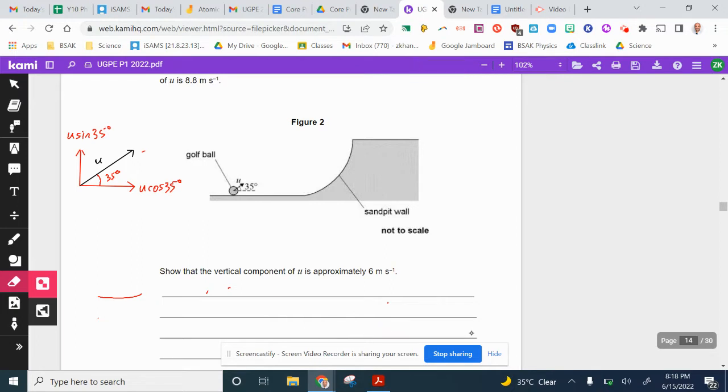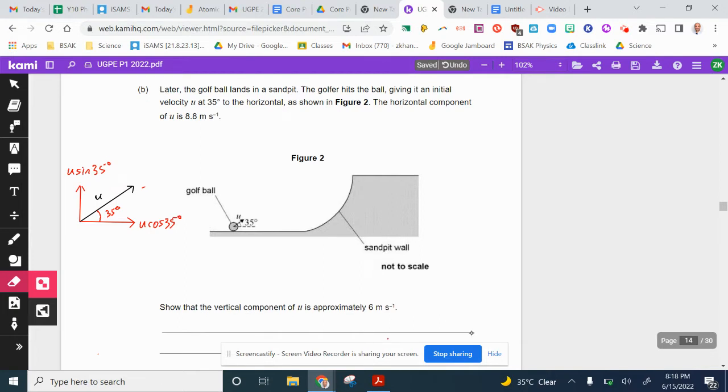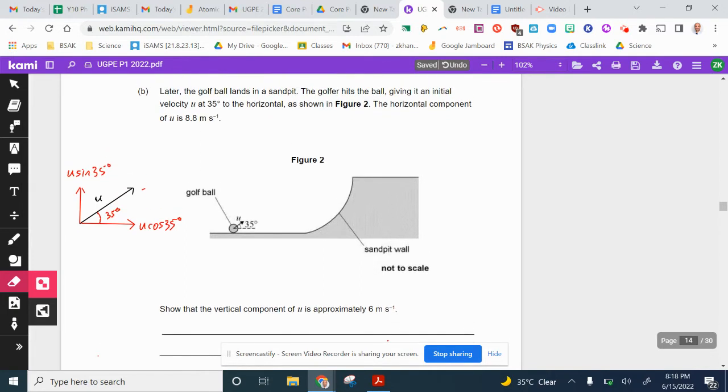Okay, so what we want to show is that the vertical component, this u sine 35, is equal to 6 meters per second. And they tell you that the horizontal component of u, this here, is 8.8 meters per second. So u cos 35 is equal to 8.8 meters per second.